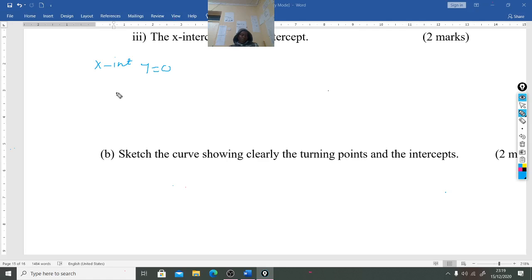So if I substitute y with 0 in my original equation, it will be 6x squared minus 12x minus 18 equals 0.